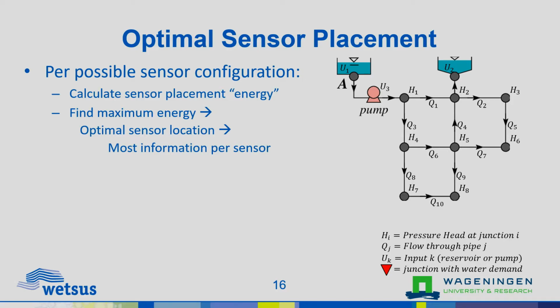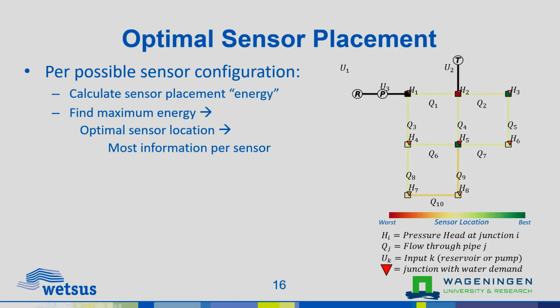This works by calculating, per possible sensor configuration, the sensor placement energy, and then finding the spot with the highest sensor placement energy, thus the highest yield of additional information by placing a sensor at that location. If I show you this example on the right, I can color it with this methodology to show you that the green junctions in this theoretical small example are the optimal locations to place a sensor, while the yellow to red locations would be less optimal.